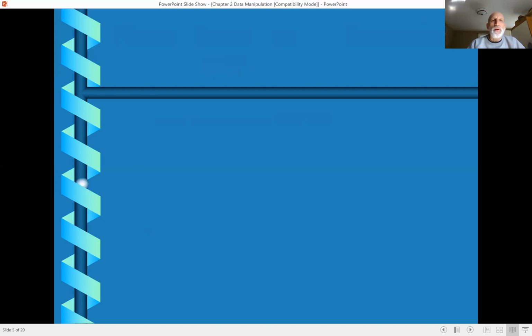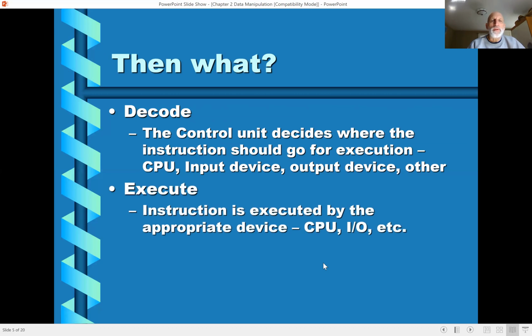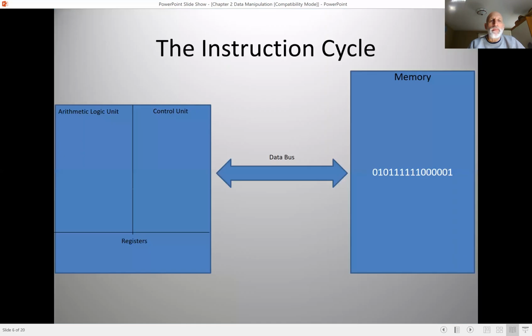Once it's fetched, it's decoded by the control unit. In other words, the control unit looks at the instruction and says, oh, this is some sort of addition instruction, so it should go over to the arithmetic logic unit. Then finally, the instruction is executed. That means the two bit patterns are added together if it's an addition problem, or a pixel lights up if it's headed to a board that controls the display. Everything happens real fast, millions of times a second.